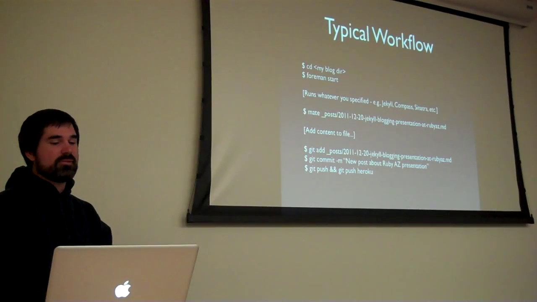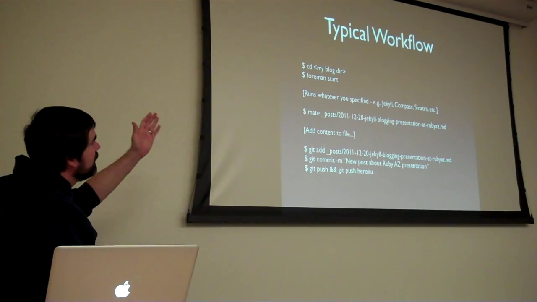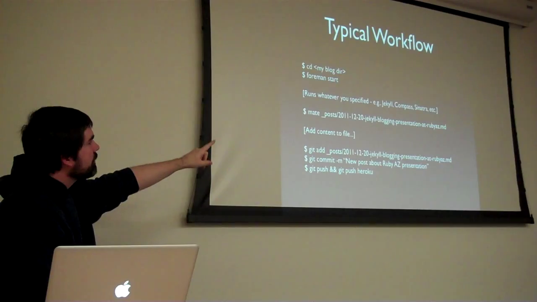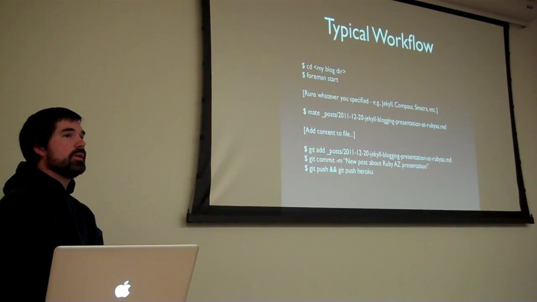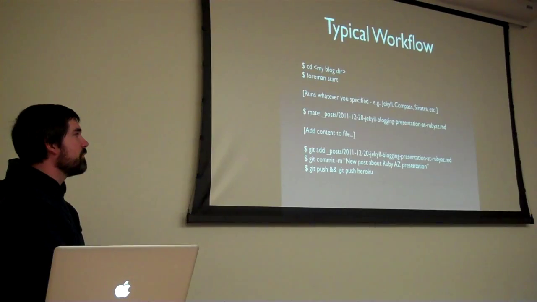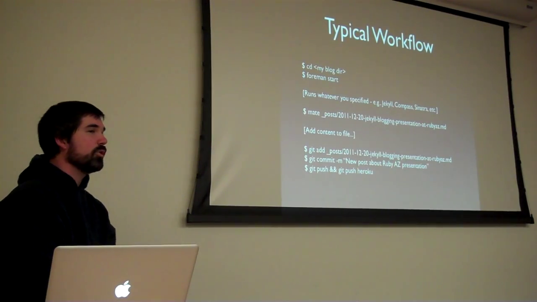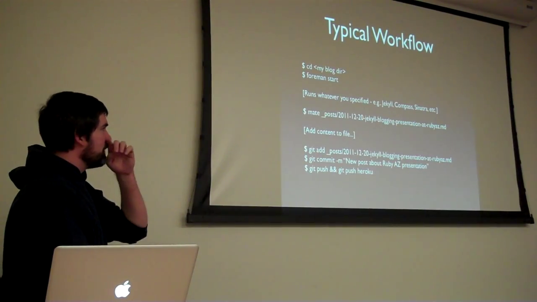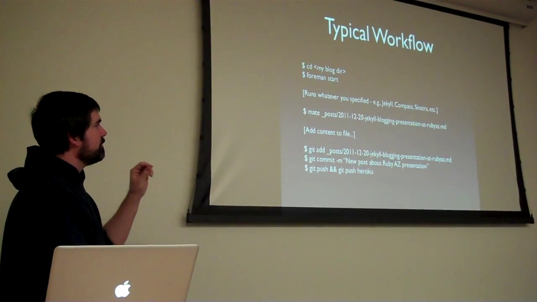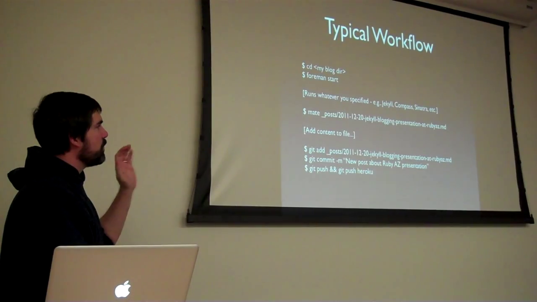So, in this case right here, creating a new post under the _posts directory, you'll notice the format of a post is date followed by a name, and that's something that's configurable in Jekyll. But in general, it's going to create a directory for each part of the date.